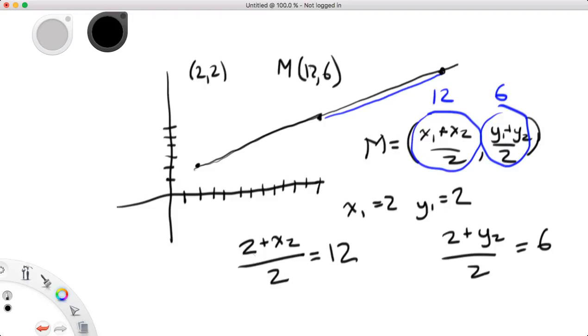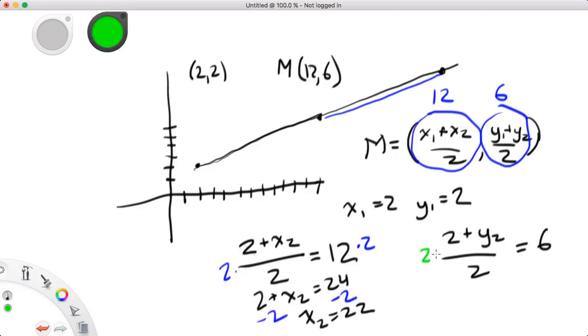So what we're going to do is, we know that our midpoint is going to be x1 plus x2 over 2, comma, y1 plus y2 over 2. Okay?